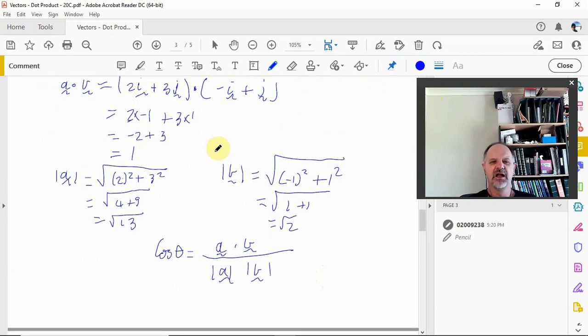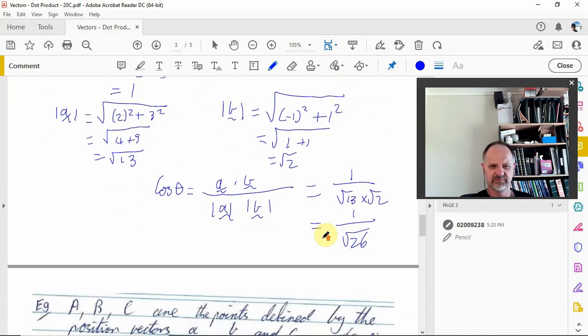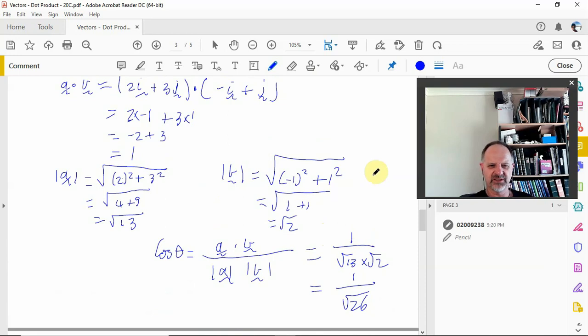So that then is 1 over square root 13 times square root 2, which of course is 1 over square root 26.